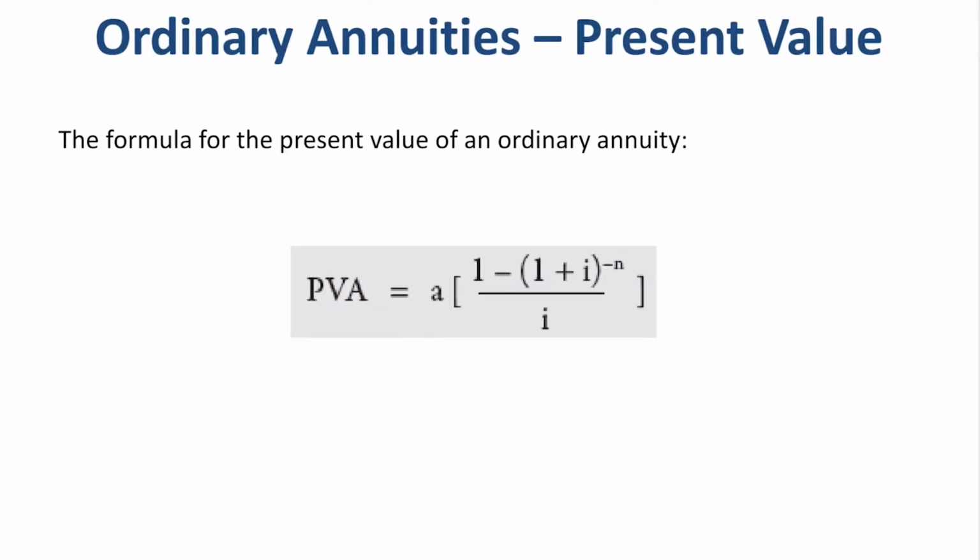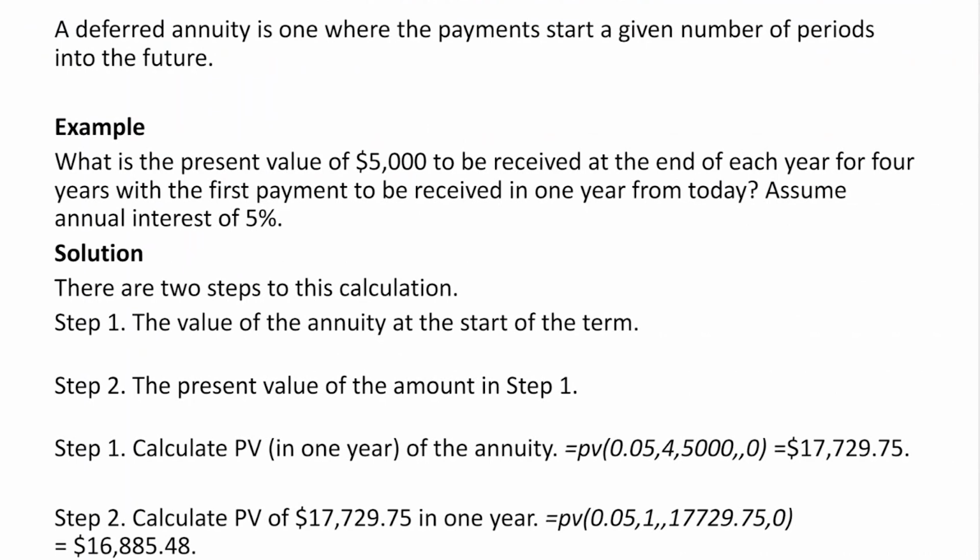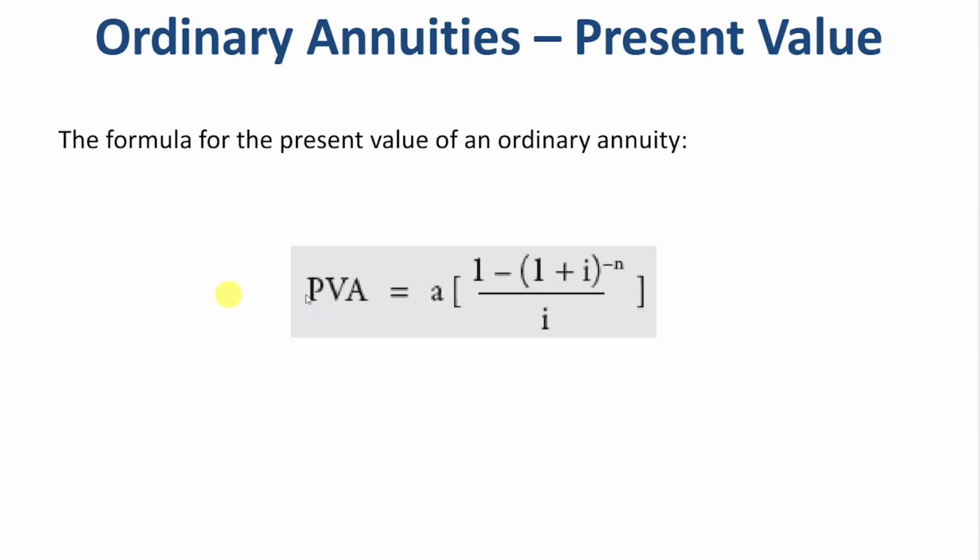To calculate this annuity, you have 2 steps because it's a deferred annuity by 1 year. You first calculate the value of the annuity at the start of the term, which is 1 year behind the period. So here you use the formula for present value of annuity.